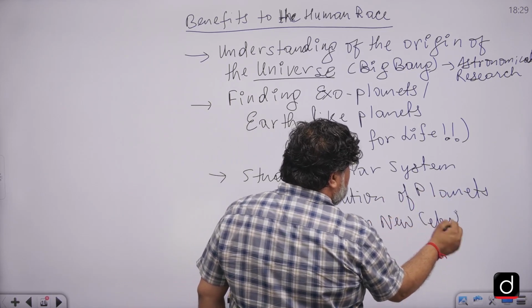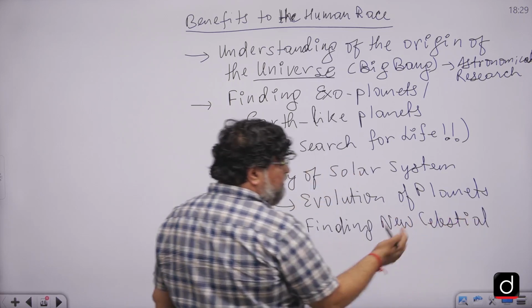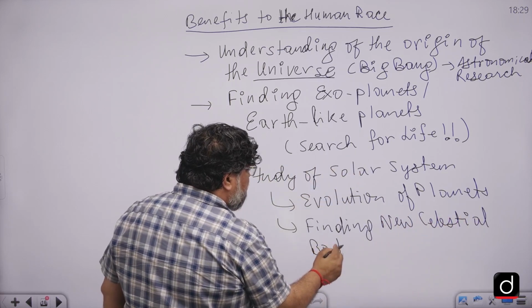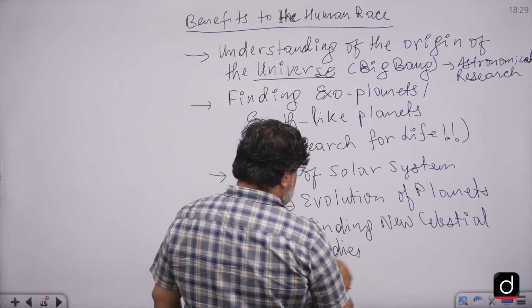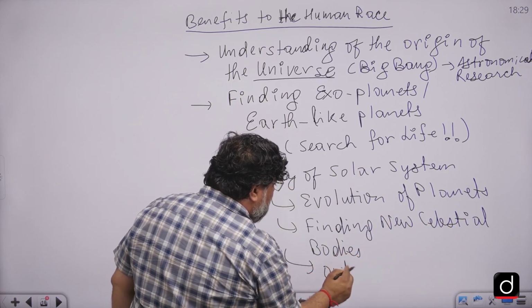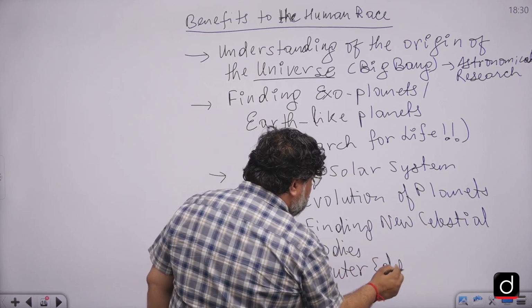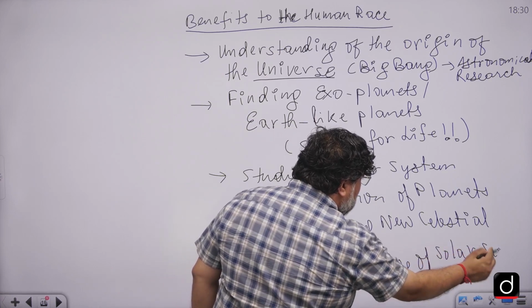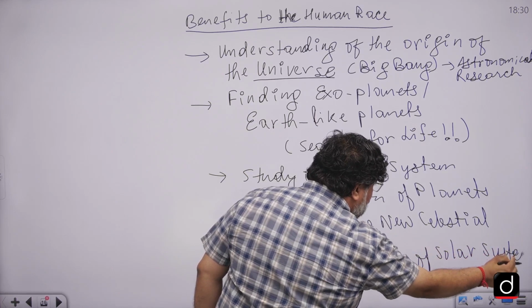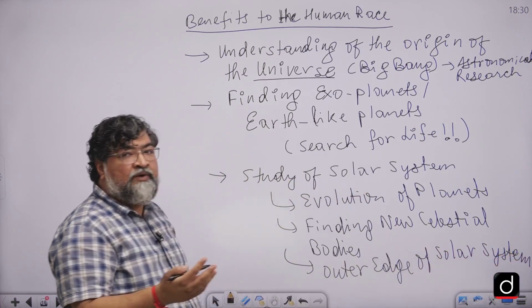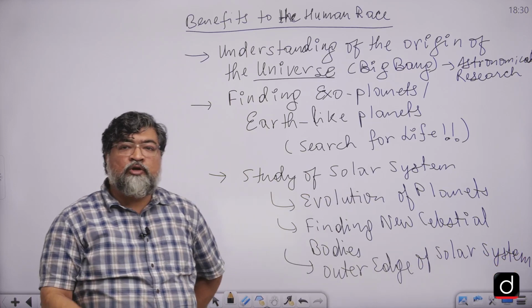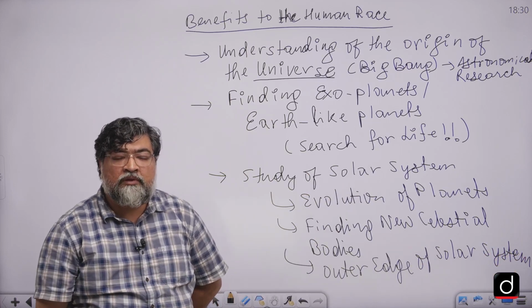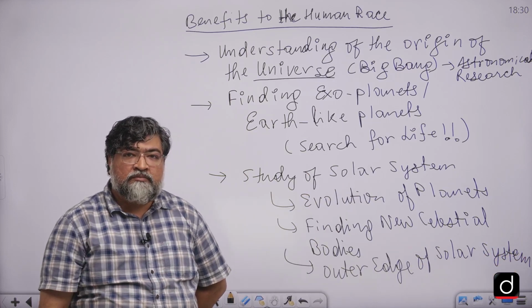Even in our own Kuiper belt, there are certain types of celestial bodies. Outer edge of the solar system, studying about the outer edge of the solar system. So again, these are goals of this mission, but what can it help with? Maybe we can find out minerals, mineral composition of the planets there, and other things here.